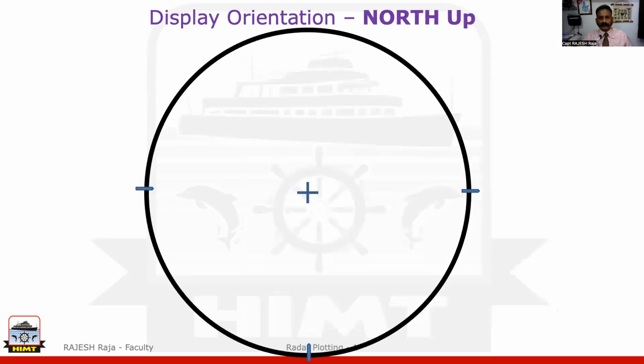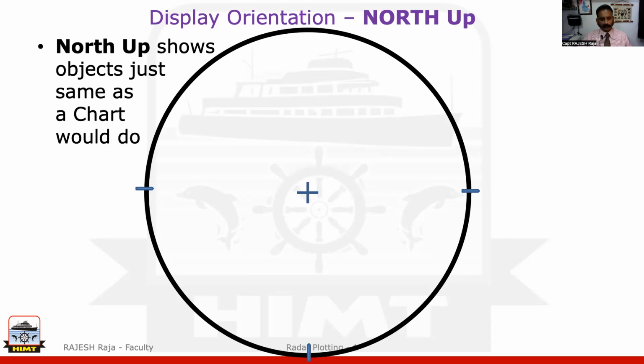As I said earlier, we'll be looking at north-up orientation and then relative motion mode, and then sea stabilization and relative vector. But let us look at it. This is north-up mode. So what is north-up mode? Your north-up mode on the radar shows objects exactly as your chart does. Your chart is always a north-up display. So my 12 o'clock position is always 000 degrees true.